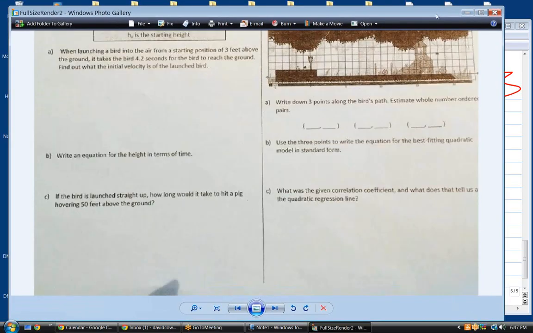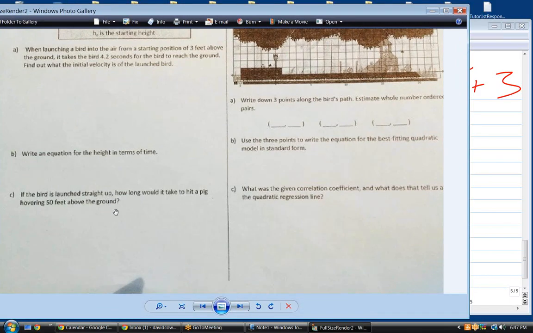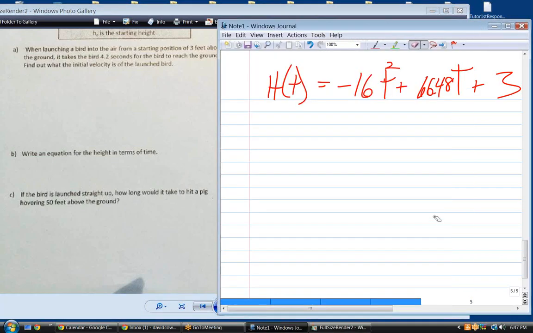I got you now. If the bird is launched straight up, how long would it take to hit a pig hovering 50 feet above the ground? Well, what was its initial velocity? 66.48.